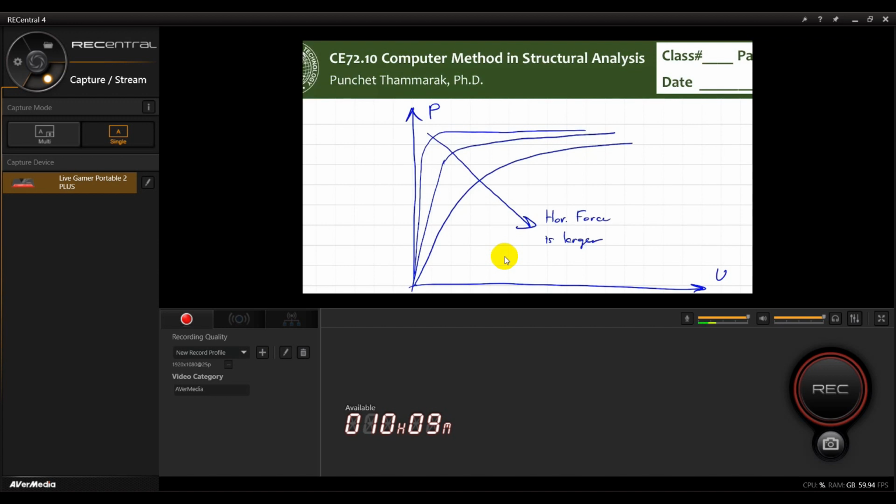If it is really small, you are approaching the case where you have the Eigen buckling, and everything will be controlled by the Eigen buckling curve. So you cannot have this line go up beyond the load that is controlled by Eigen buckling.